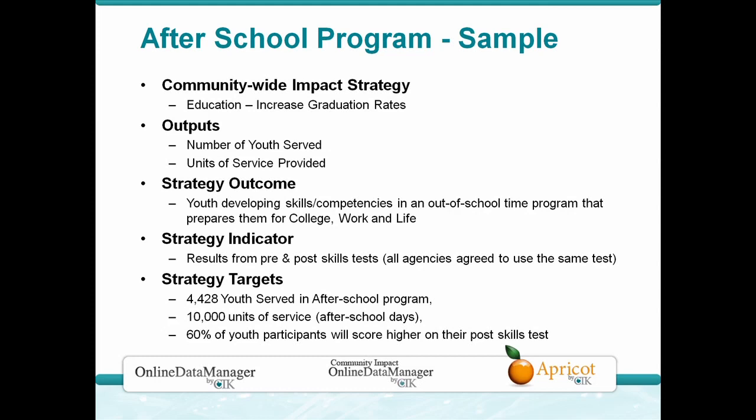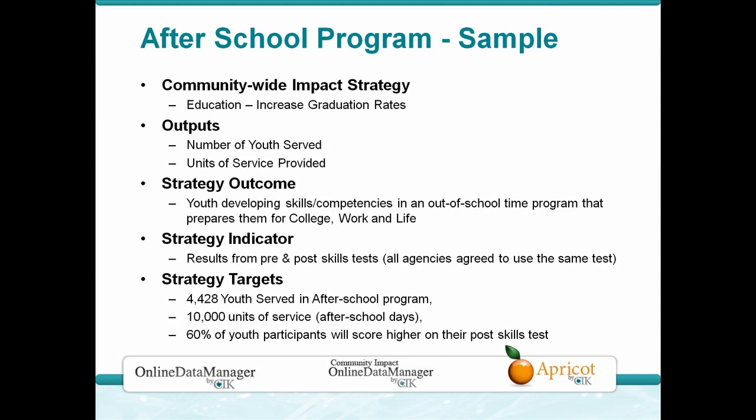And this is actually a real example from our work when I was with the United Way of Tucson and Southern Arizona. So this was the outcome that we had in our after-school programs, and all of the agencies that we funded agreed to the same outcome.